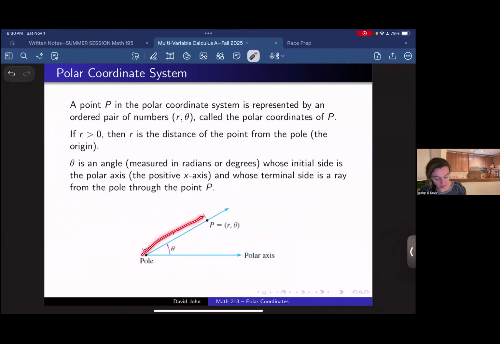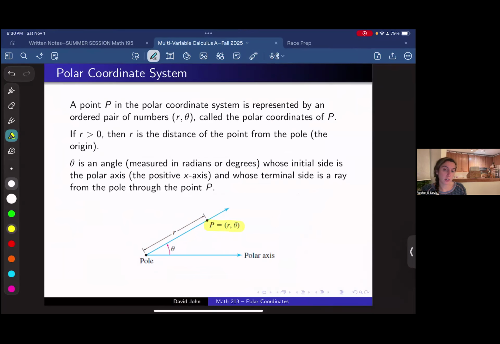Our r is our radius, our distance that we are dealing with from our initial starting point. So in polar coordinate form, we have our coordinate represented by r comma theta, our radius comma our angle measure. I'll highlight this up here as well.